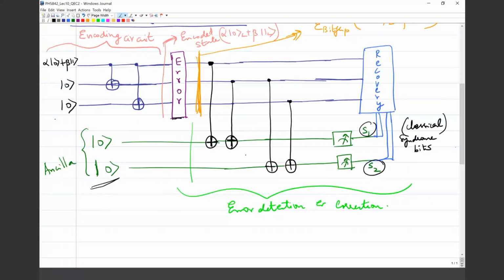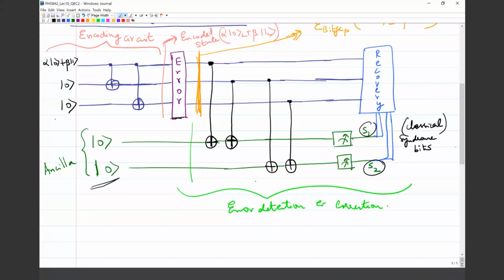And we have discussed this now both for the classical and quantum bit flip code. What you need to do is pairwise parity checks. And the pairwise parity checks happen by acting these pairwise CNOTs here, right? So this pair checks the parity of these two, and this pair checks the parity of these two.